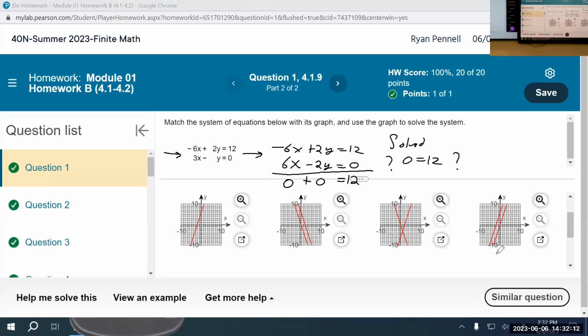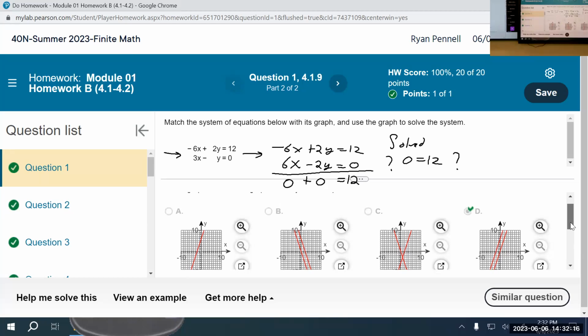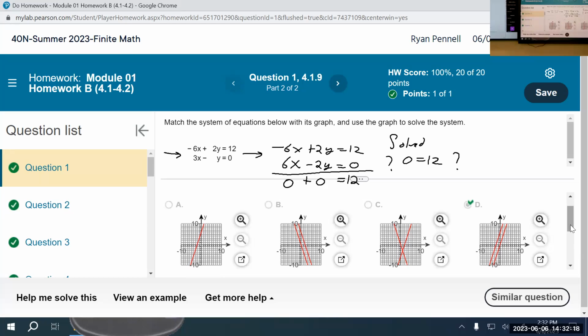We can also look at the intercepts. We can look at the intercepts of those 2 and think about how this is going to work. I think it's got to be this one or this one. It's got to be the parallel. So which one is it? Why is it?